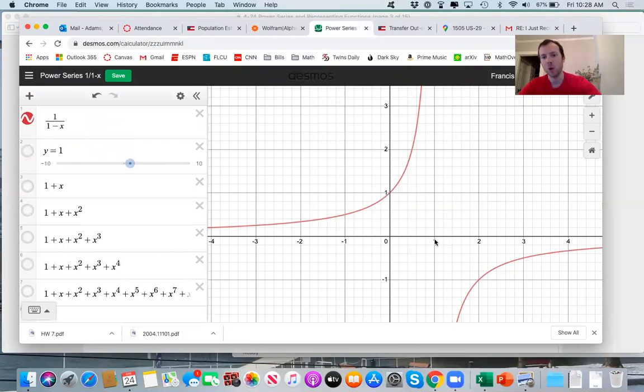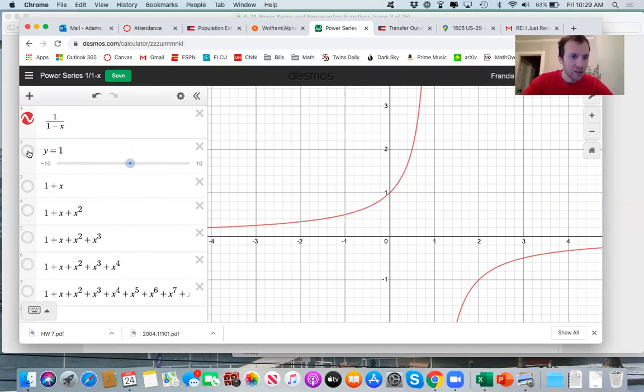It has an asymptote at 1, right there. If we start looking at the partial sums of that series, so the series representation of 1 over 1 minus x, we said this was equal to 1 plus x plus x squared plus x cubed plus so on.